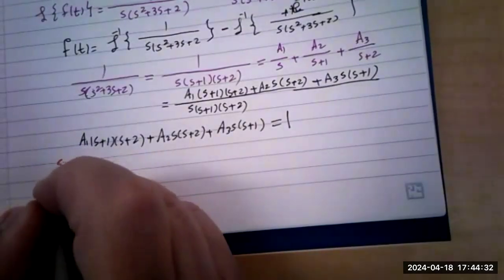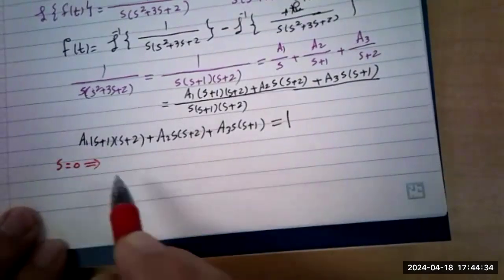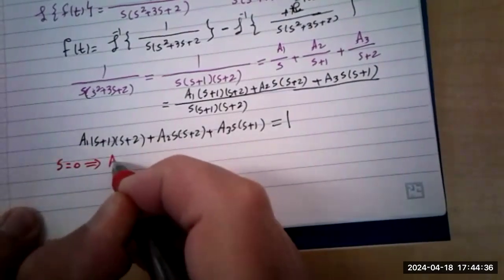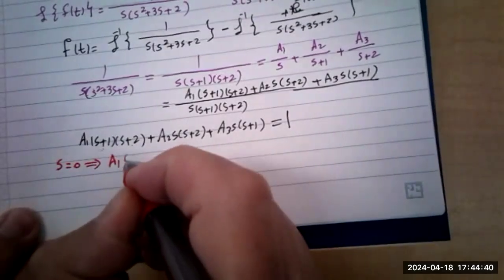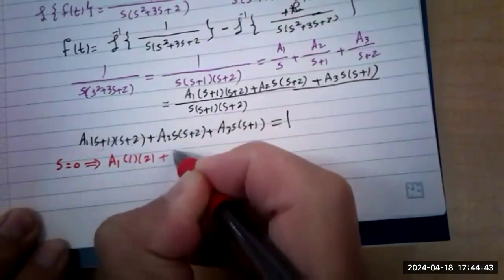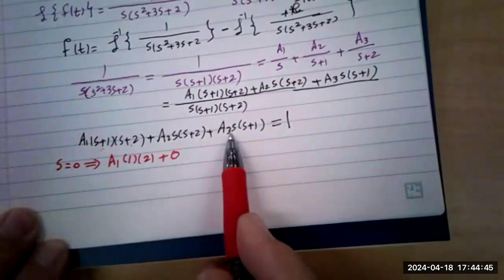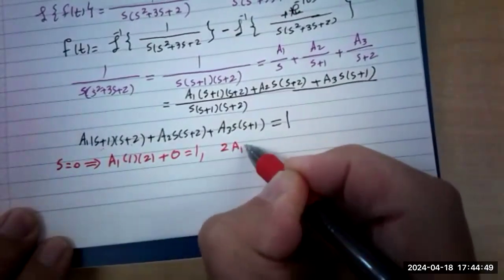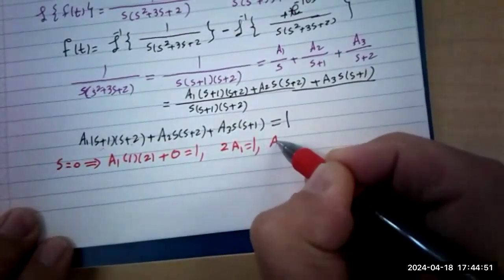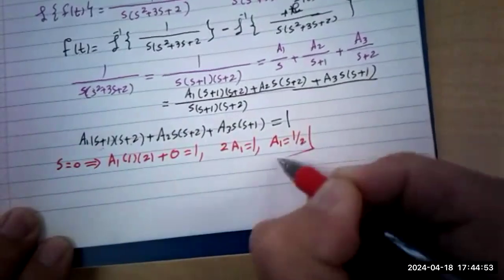Let s equal to 0. So this would be A1 times 1 times 2. Everything else would be 0 because of the s equal to 0. So that gives you 2A1 equal to 1. So A1 would be half. This is the A1.